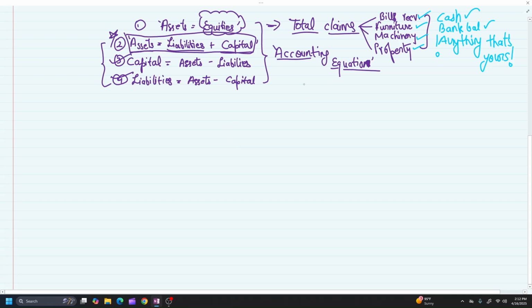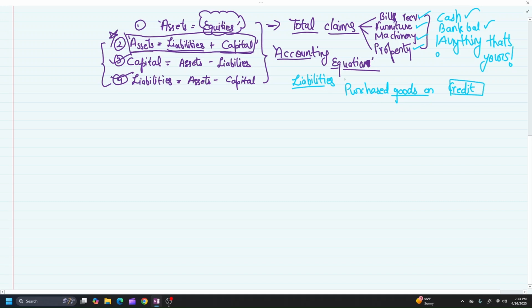Now, what are liabilities then? Liabilities are the amount or anything that you owe to others. Owe means you have to return something; someone's something is with you and you have to return it, so that is a liability to you. For example, if you purchased goods on credit, you have not paid for the goods yet, it's on credit.